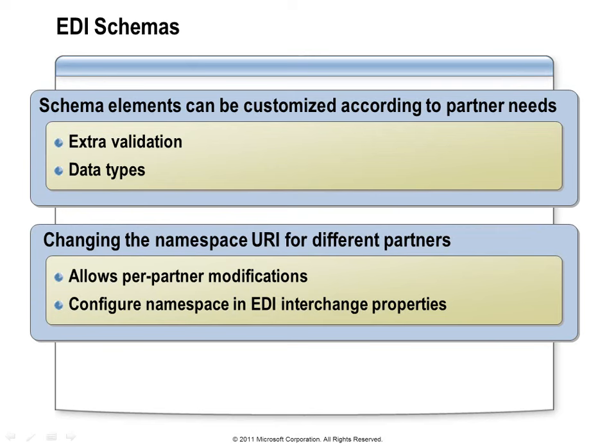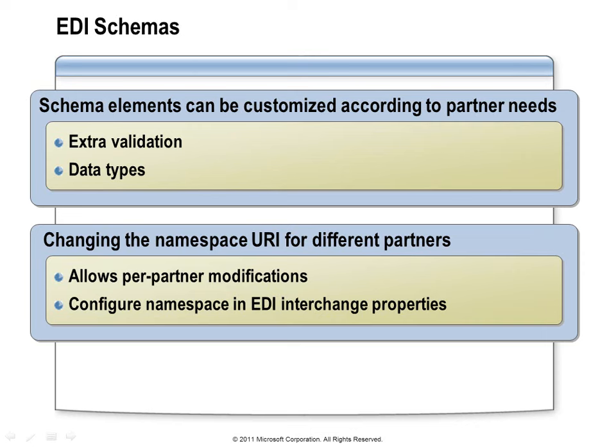As I mentioned, we can take a particular schema and we can customize it for a partner. So we can add extra validation, we can change up the data types a bit. And when we do that, it's important to change the namespace on the schema and redeploy it. So in that scenario, you might have two different versions of the same schema deployed, each with a unique namespace, so that when we go to do the resolution of the schema, BizTalk can find the right schema for that partner.